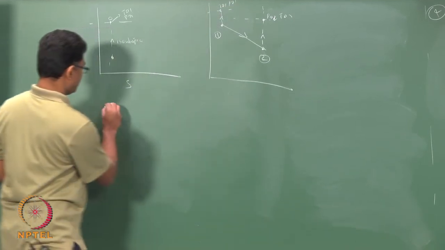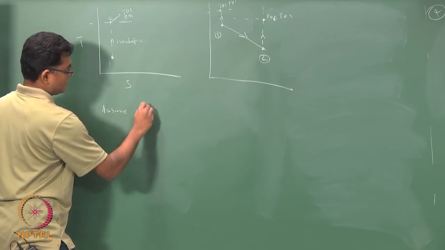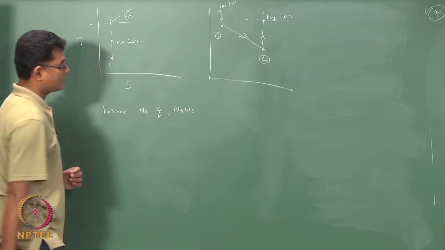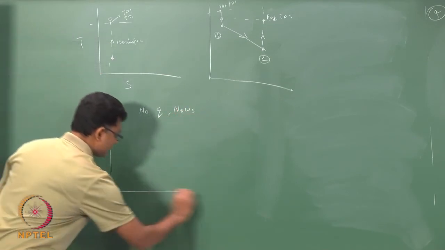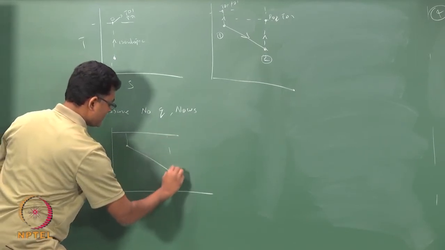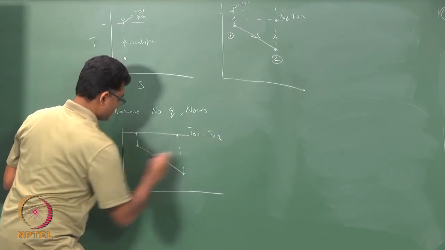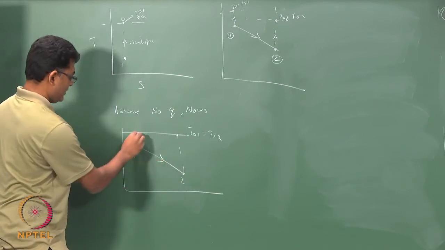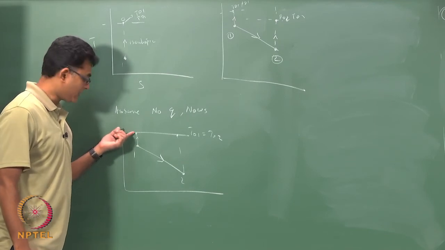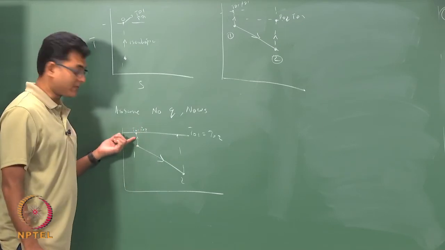Now, if I assume no heat transfer and no shaft work, then my 1 to 2 has the same stagnation temperature. This is 1, this is 2. So, the imaginary process by which state 1 is taken to the stagnation point will have T01 and P01, and that is an isentropic process.